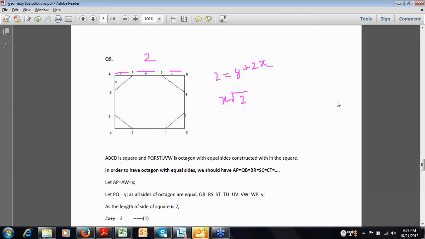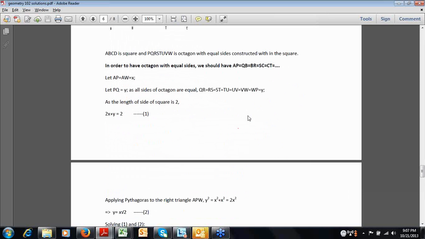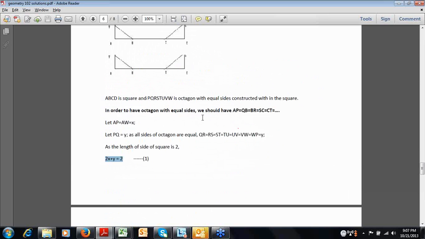Now how to get the value of y here? The first equation, as I've said, is this.